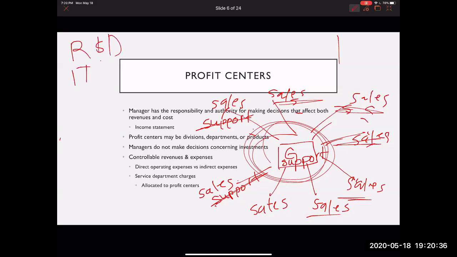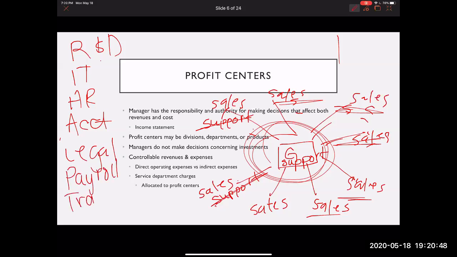You have IT, HR, accounting. What else do you have? You have legal, and you have payroll and transportation. All of this is going to be done at corporate. They're going to employ everybody, and as each of these different divisions needs it, they're going to get the support from corporate. And then when there's costs associated with it, right?